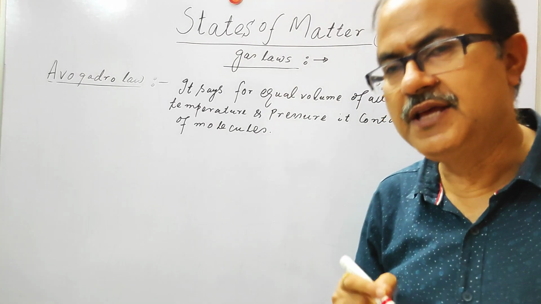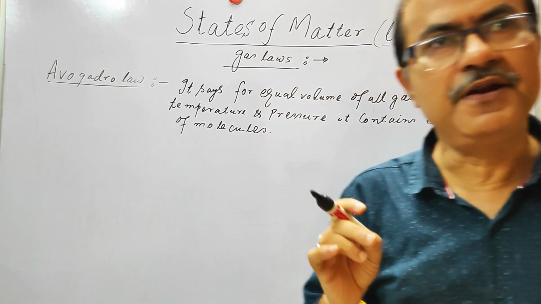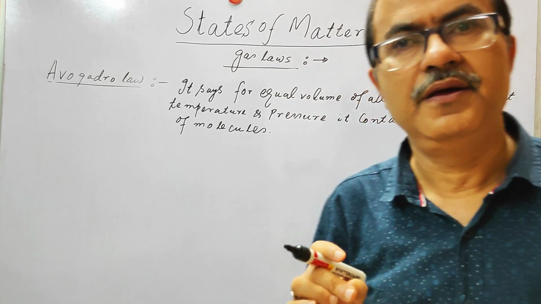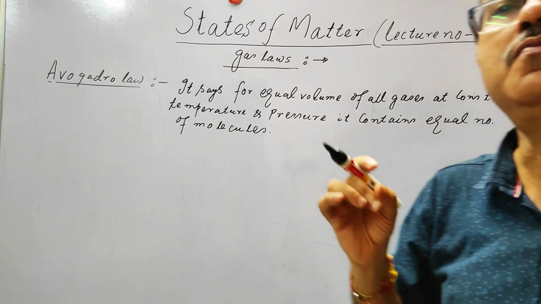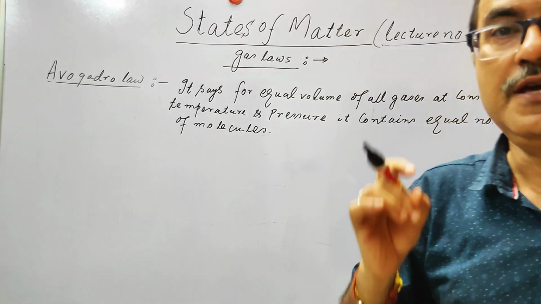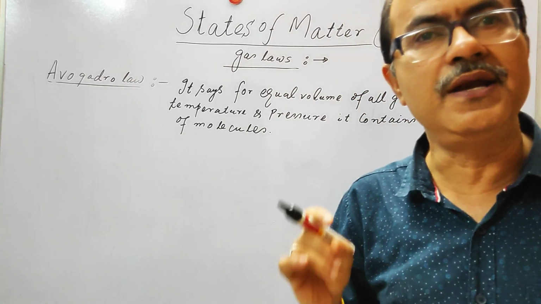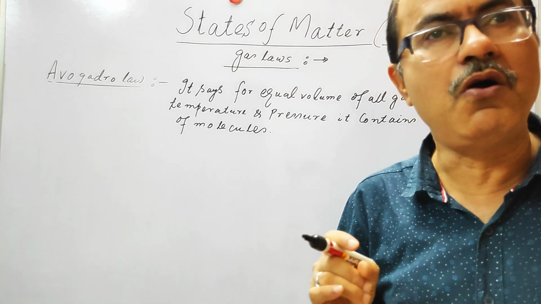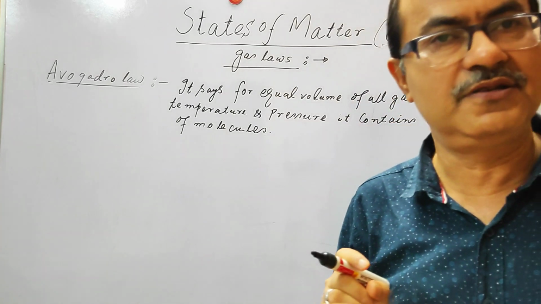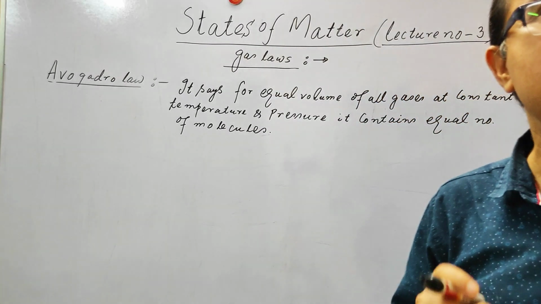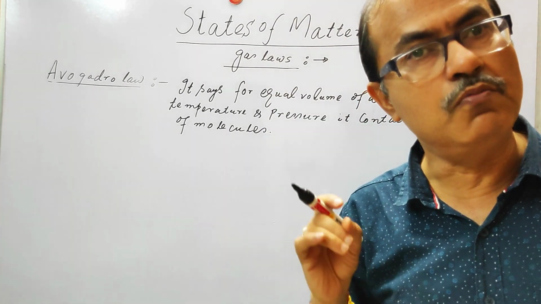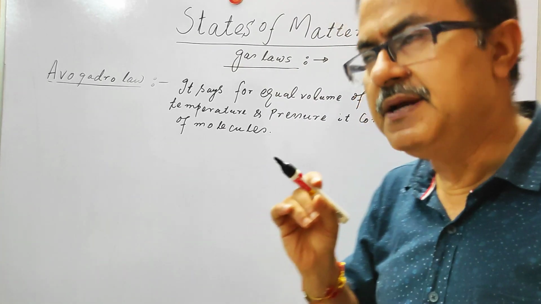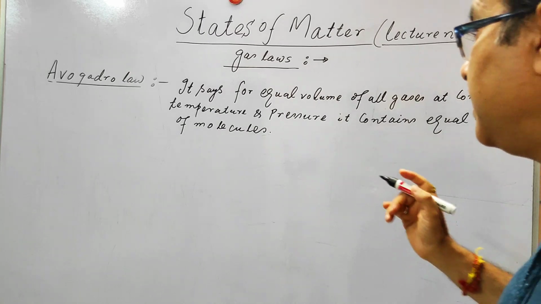This means that at constant temperature and pressure, the volume of the gas depends on the number of molecules, meaning it depends on the amount of substance, or the moles of the gas.